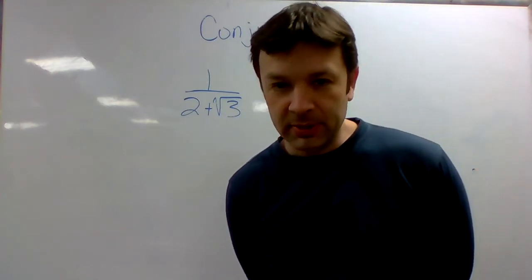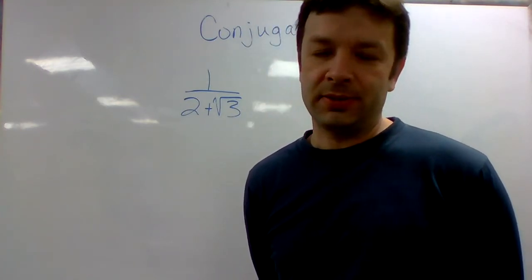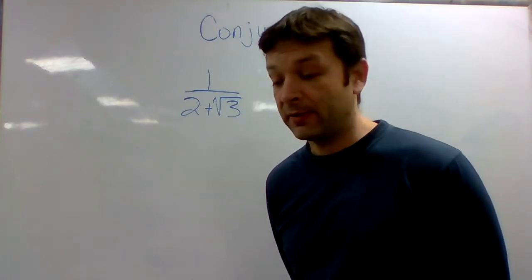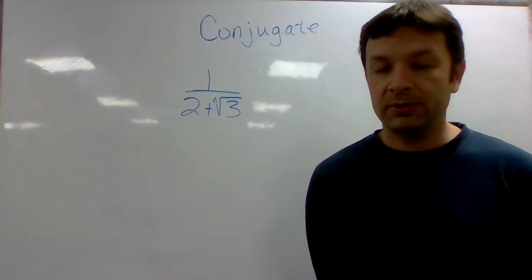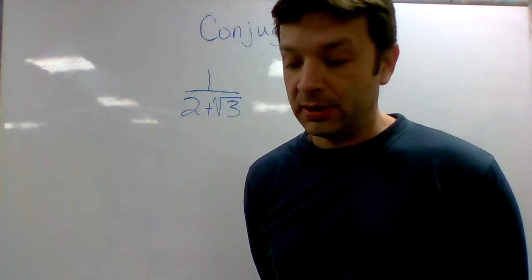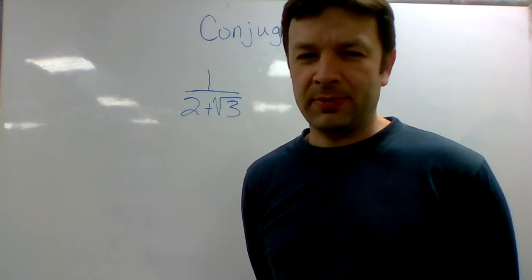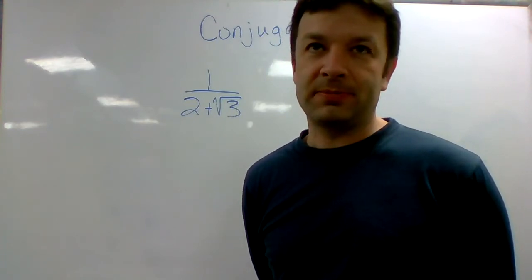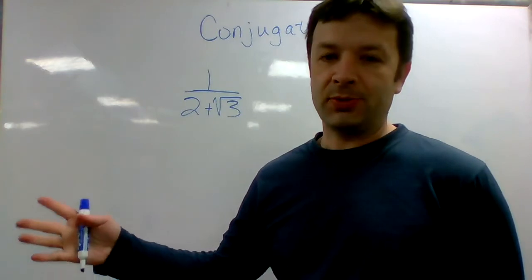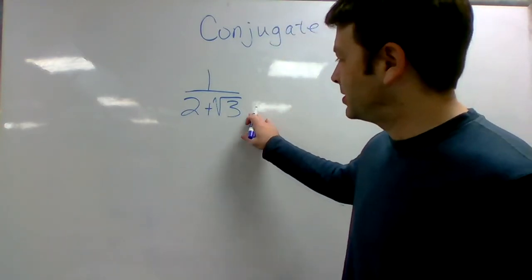Well, okay, the standard convention is to have it in the simplest form, you cannot have the square root of 3 or any square root, any radical in the denominator. Okay, how do we get rid of it? Well, last week we did some of these problems and you would just multiply the top and bottom by square root of 3 and that kind of fixed our problem for us. It's not going to work this time.